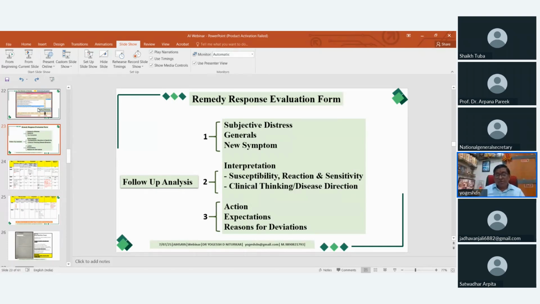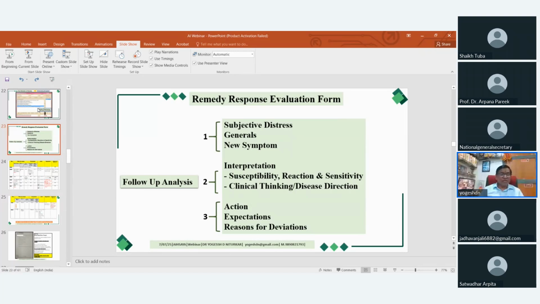It is something like a ritual that we do, not as a formality, but in view of understanding and trying to build up evidence of how things are changing, how the response is generated, how the susceptibility, the clinical thinking or the disease progression or direction is taking place, and what action I am expecting. And if there are some deviations, I should know why I am deviating.